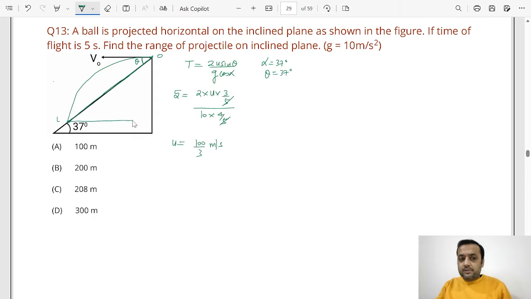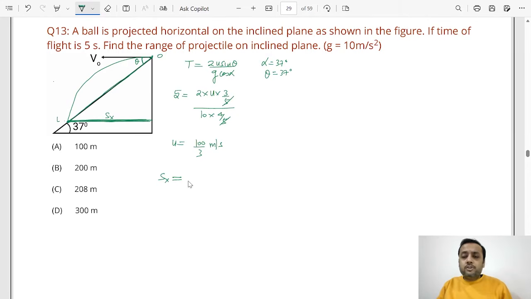Can you see that this was the horizontal displacement of the projectile? When it starts from point O and lands at the point L, this is the horizontal displacement, that is, displacement along the horizontal direction. Let's call this length Sx. How will you find the horizontal displacement?